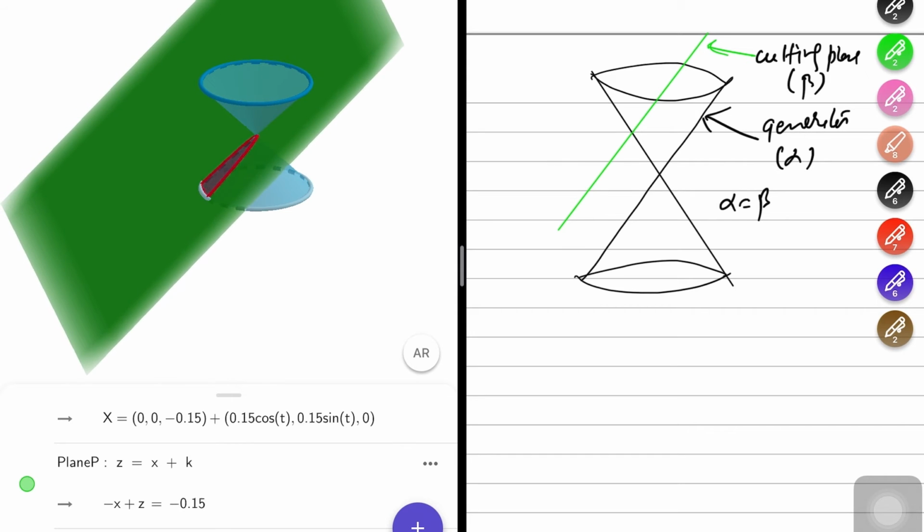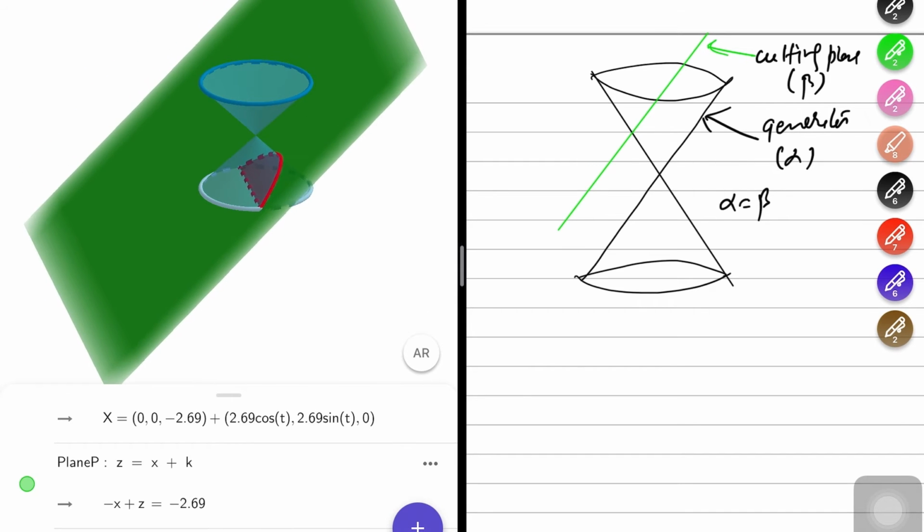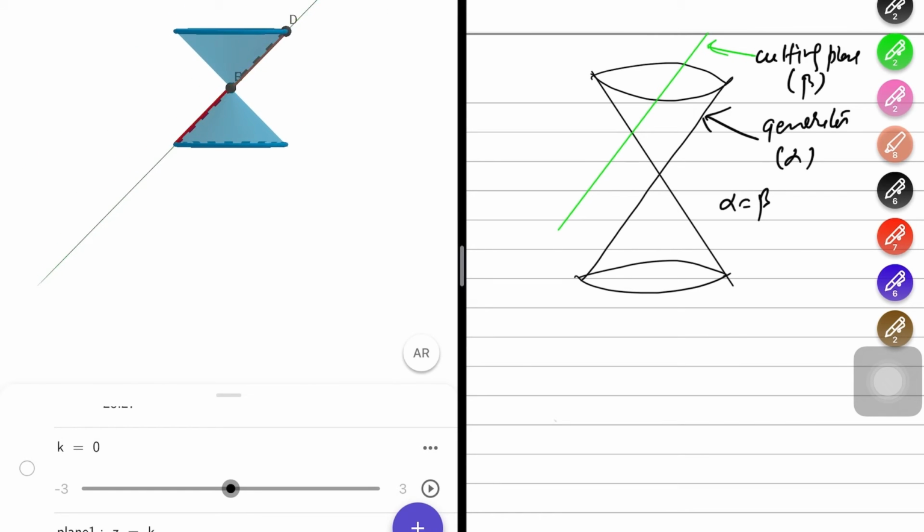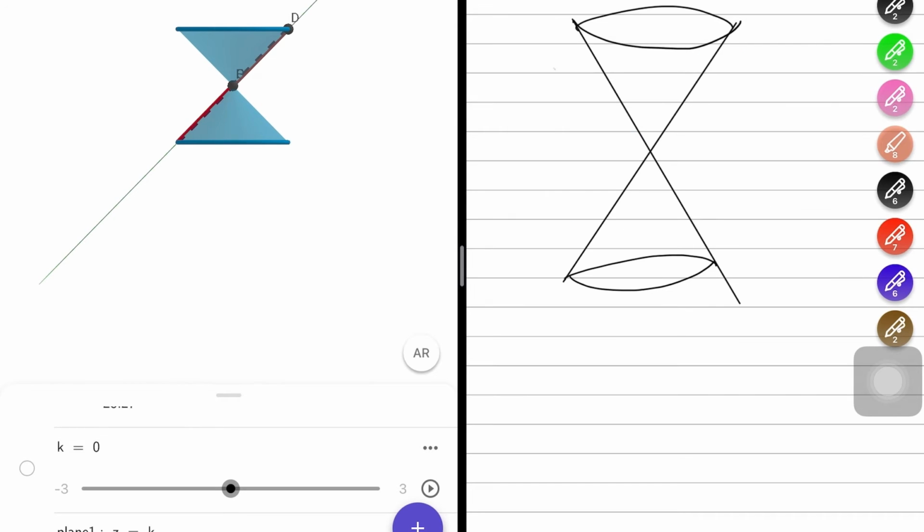Let's see what happens when the plane passes through the vertex of a cone. This is the case where the cutting plane passes through the vertex of a cone. So what is the section?